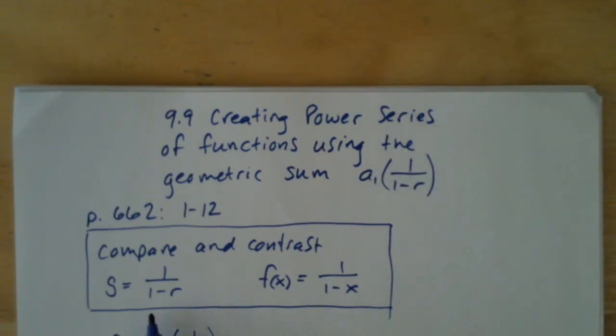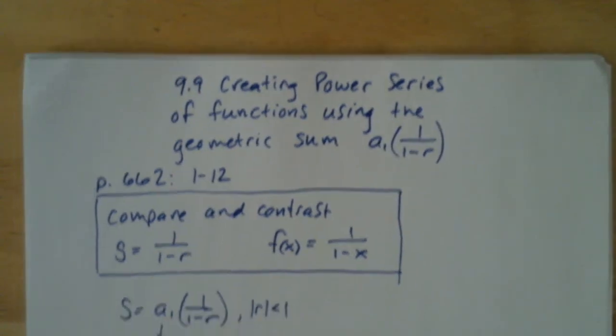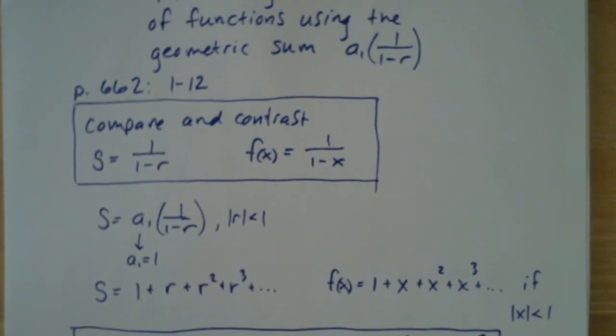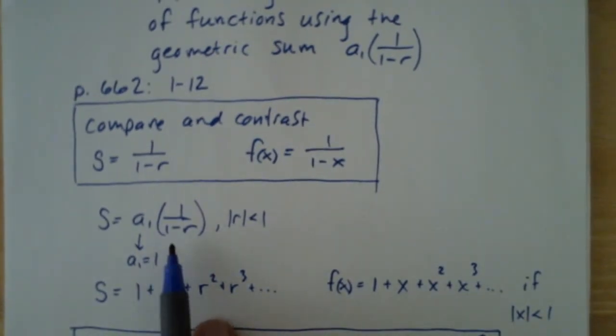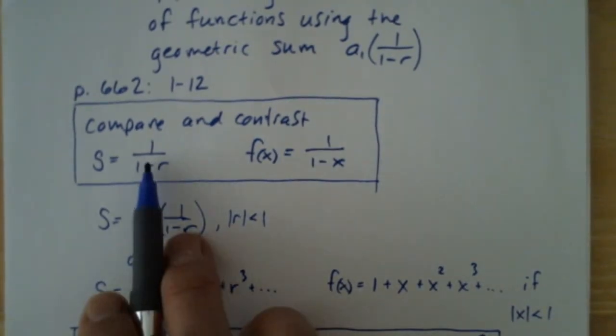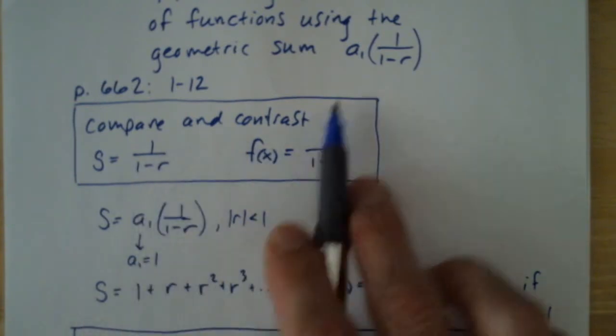So let's start by thinking of this equation and that equation where r is a common ratio and x is any real number. Pause the video and compare and contrast those equations. And what we see is we know that this formula does have an a1.